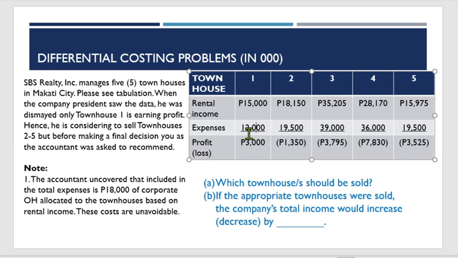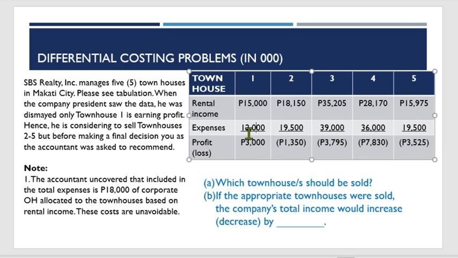Please continue using that logic for Townhouse 3, 4, and 5. I will now give the answer for this problem. You should be able to compute this based on your own assessment. For item A, which townhouse or townhouses should be sold?